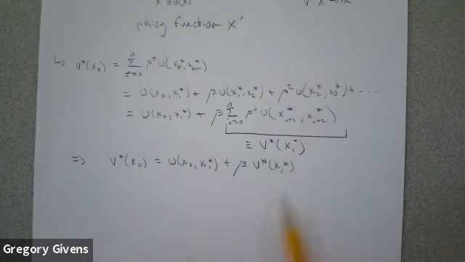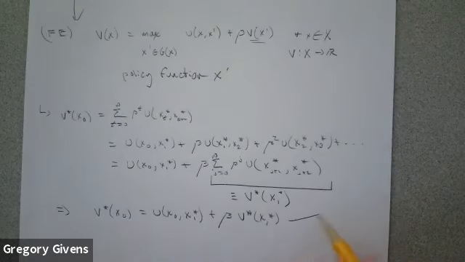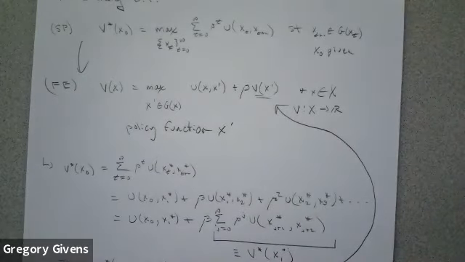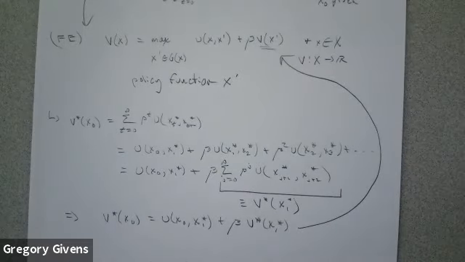Okay, dynamic programming basically exploits this principle. And you see here that this, hopefully you guys can see this, looks just like the Bellman equation, right? That's how the two are related.